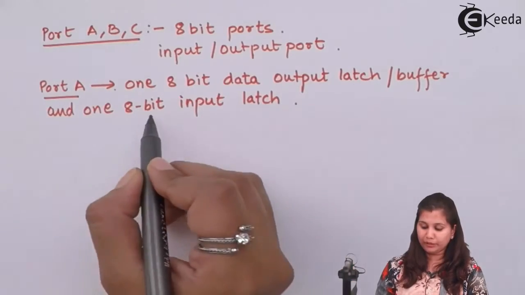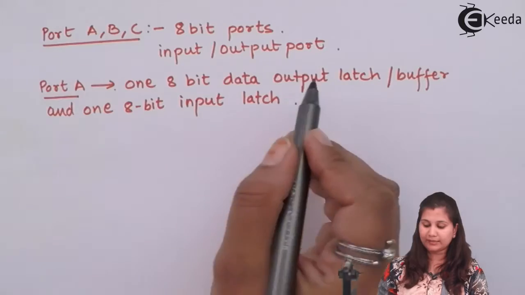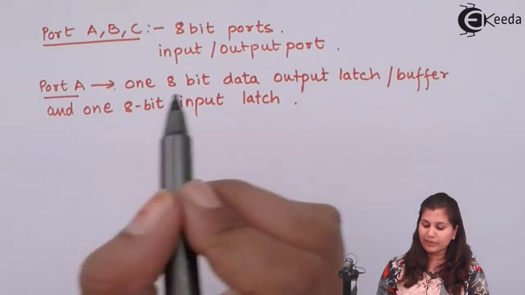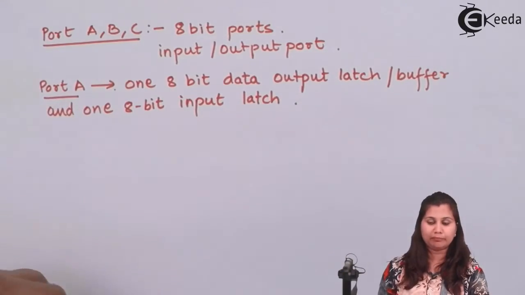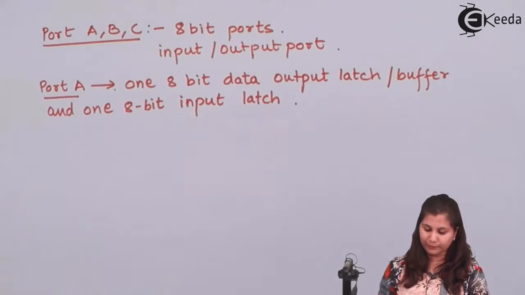The input latch provides the input data, and the output latch provides the output data. So when the port is acting as an output port, this latch will work, and when this port is acting as an input port, then this input latch is going to work.